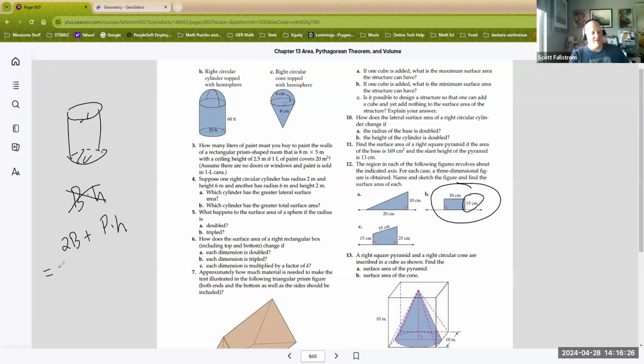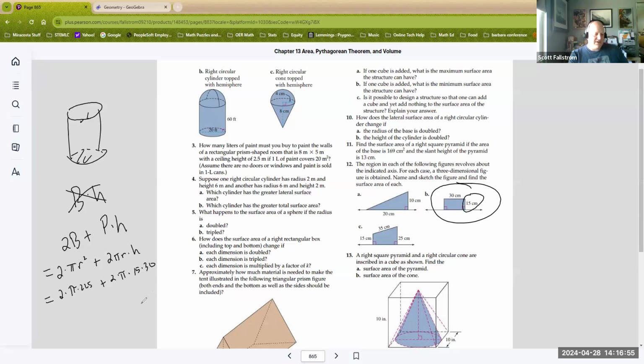So plug in everything that you know. This is 2 times pi r squared plus 2 pi r times h, and h is going to be 30. So when I plug these in, 15 times 15 is 225. So I have 2 times pi times 225 plus 2 times pi times 15 times 30.